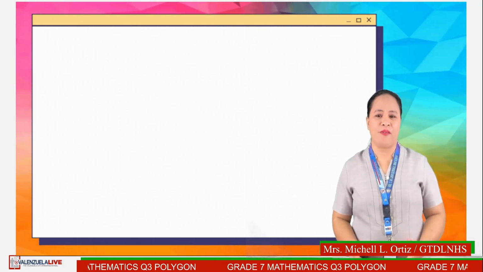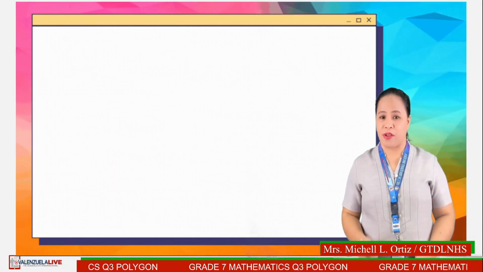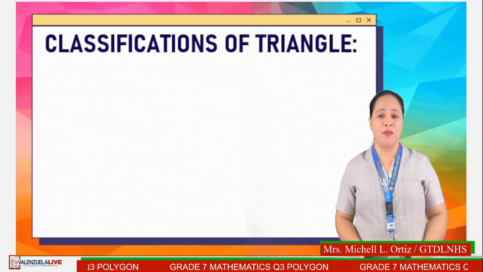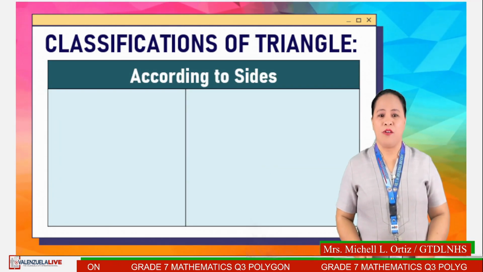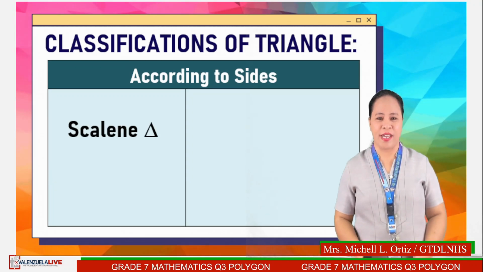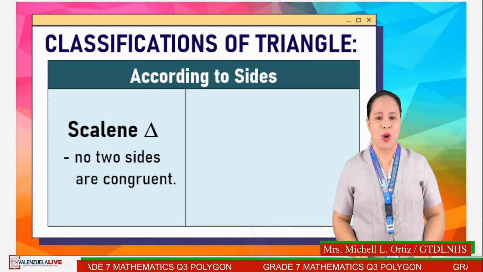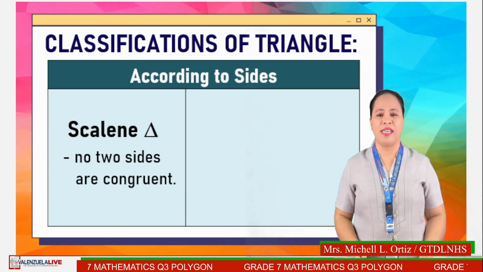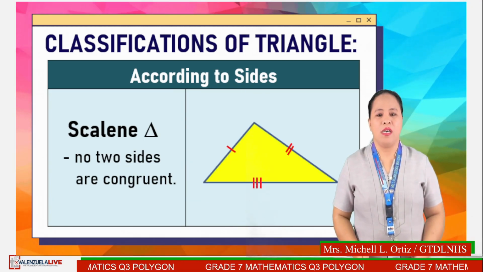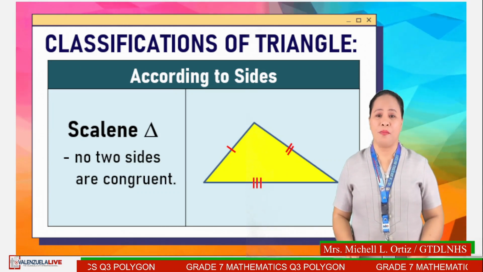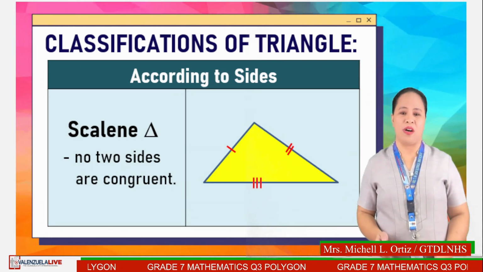Triangles can be classified according to sides and according to angles. There are 3 different kinds of triangles according to sides. First is the scalene triangle, which has no 2 sides congruent, or a triangle that has 3 unequal sides. It may be drawn with no tick marks or with 3 different numbers of tick marks.